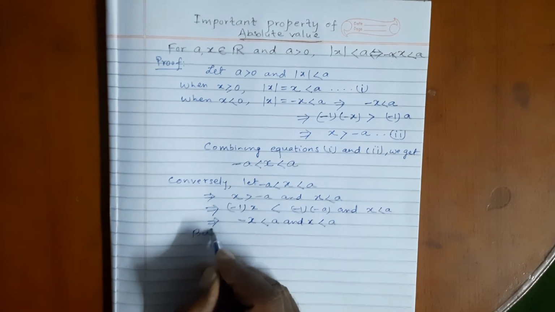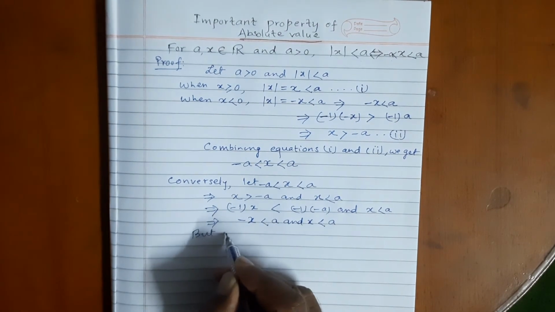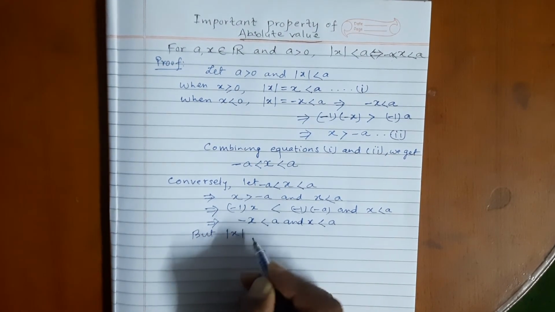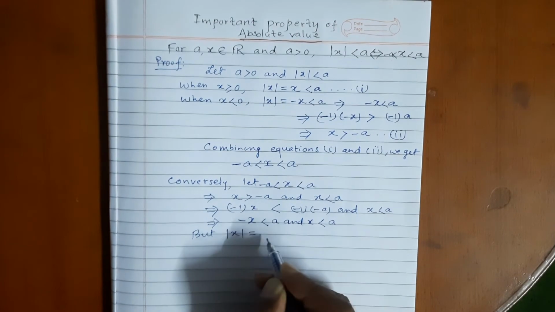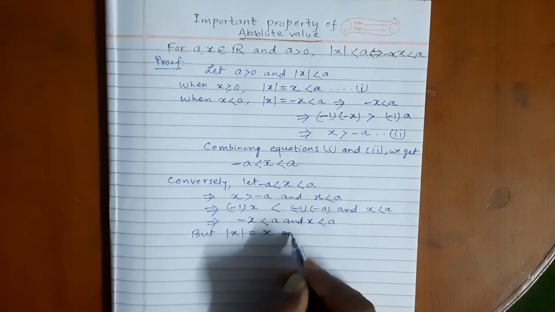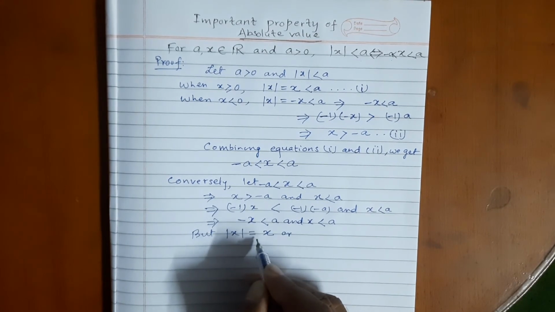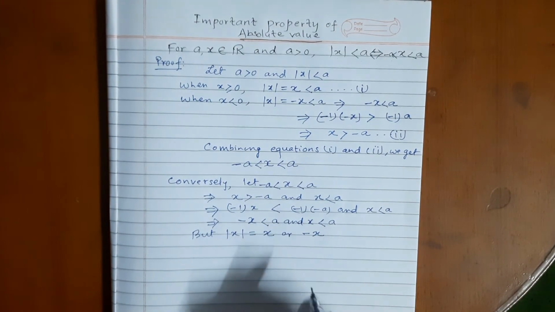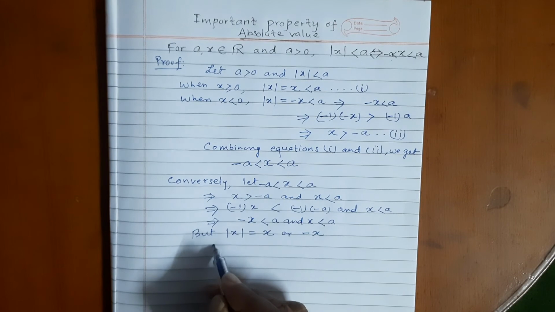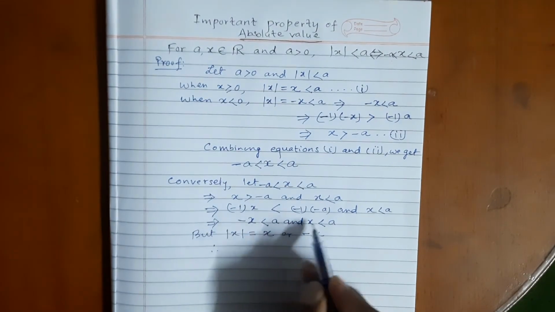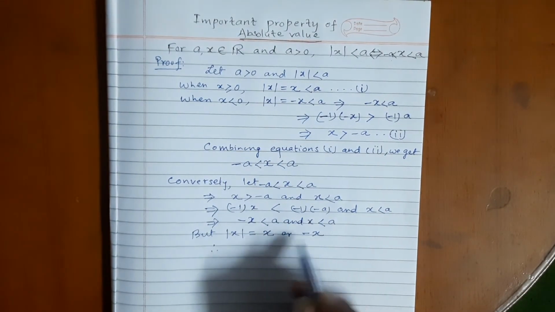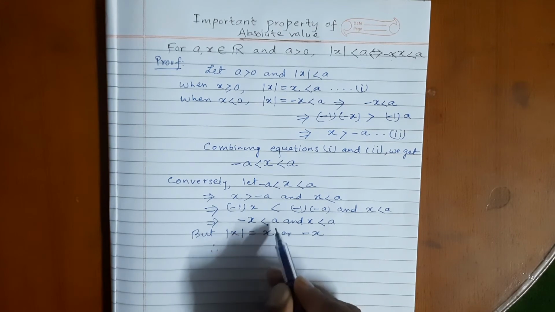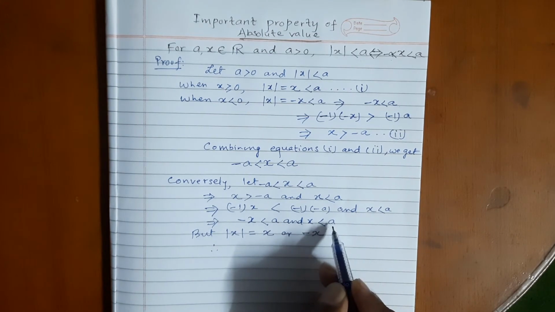But according to the definition, absolute value of x equals x if x is bigger than or equal to 0, and if x is lesser than 0, its value will be minus x. We know this already. Therefore, minus x or x, these values of absolute value of x are lesser than a.